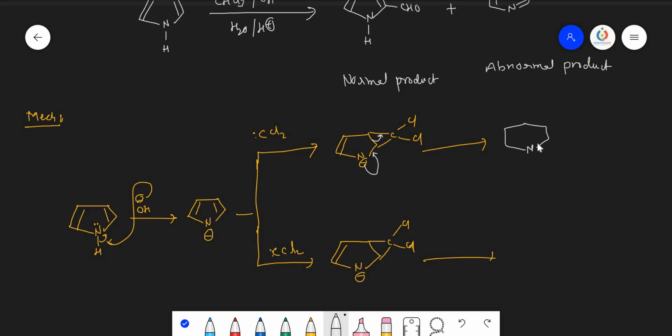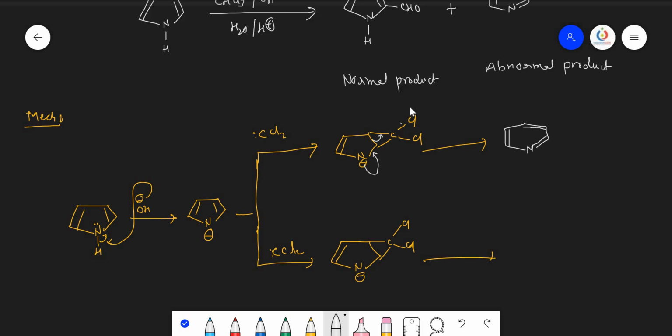Nitrogen has developed one pi bond here, and these sigma bond electrons are disconnected and the bond is shifted between these two carbons. So here a pi bond comes, and this pi bond is separated by this single bond. Next bond is here, and afterwards one more bond like this. And at which position are these chlorines?